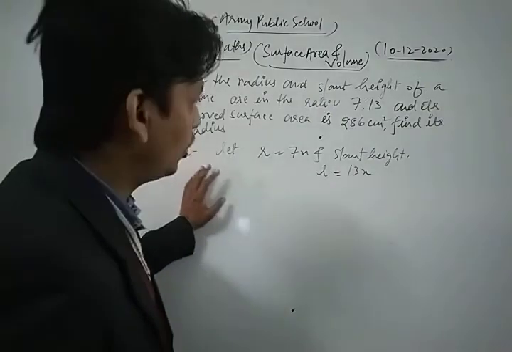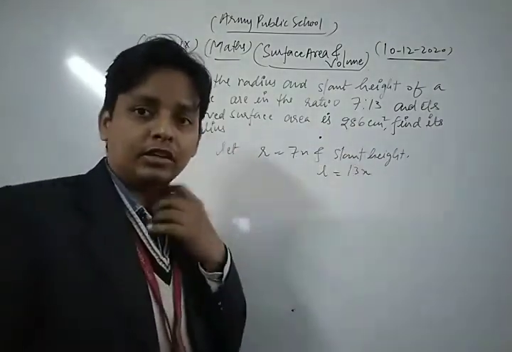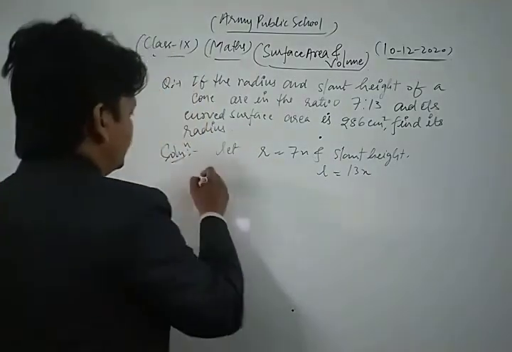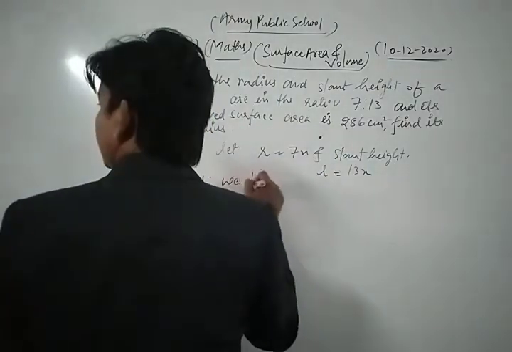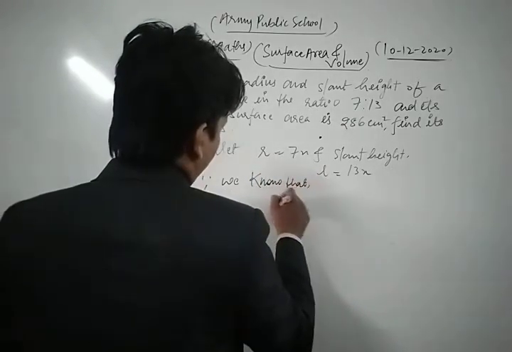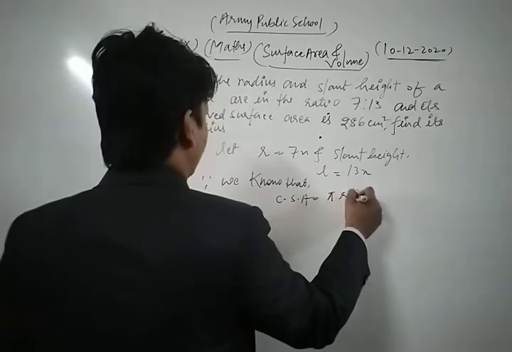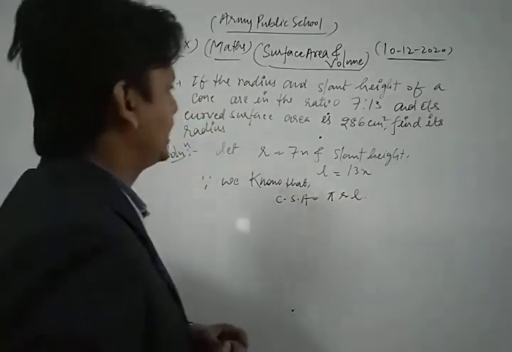Now we apply the formula for the curved surface area, because in that question we have the curved surface area. Since we know that the curved surface area of the cone is pi r L, we put all the values in the formula.